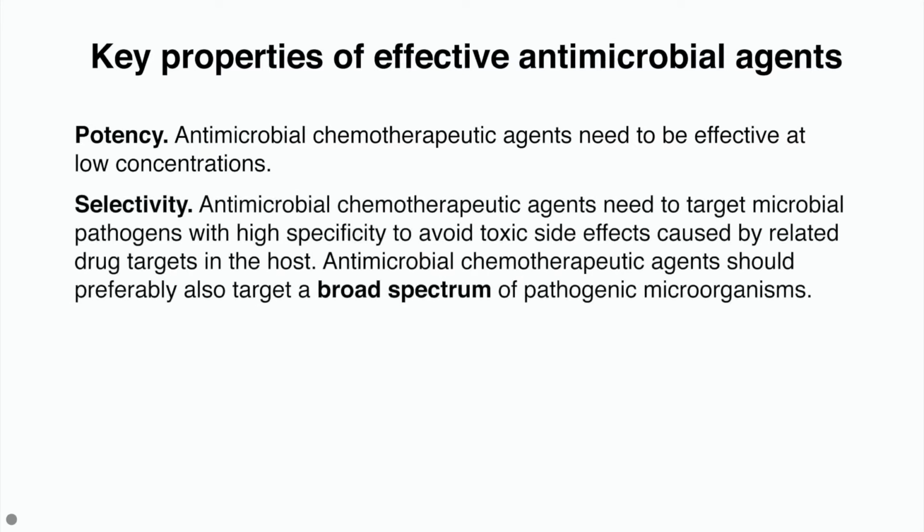They need to be selective, meaning that the antimicrobial chemotherapeutic agent must specifically target a molecule or process in the pathogenic microorganism without affecting a similar or related molecule or process in the host organism. If a chemotherapeutic agent is not selective, this will result in toxic side effects in the host. An antimicrobial chemotherapeutic agent should preferably also target a wide spectrum of pathogenic microorganisms.